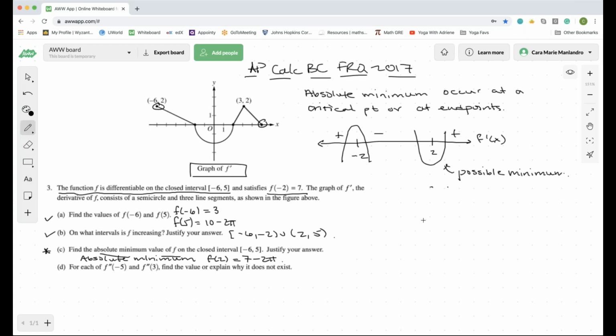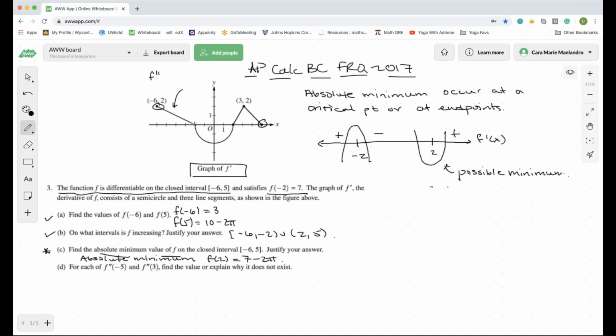Okay. So what we want to do now is find f double prime of -5 and 3. All right, so -5, how would I go about doing that? So f double prime is the slope of that line. We will for 3.